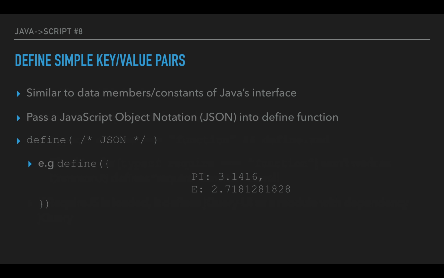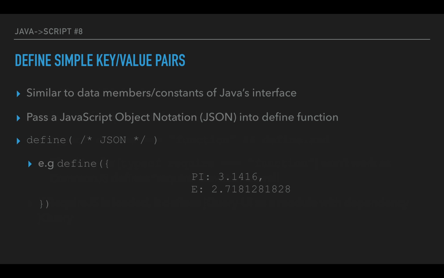The first type of RequireJS module or AMD module is a very simple one. It is called simple key value pairs. That is very similar to Java's interface, especially the data members or the constants of the Java interface, because in a Java interface, all data members are constants.